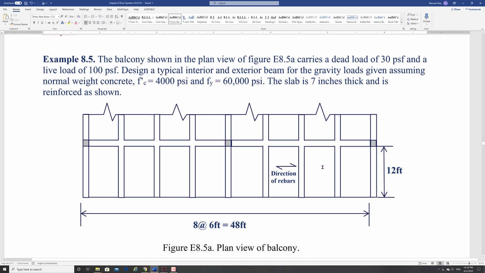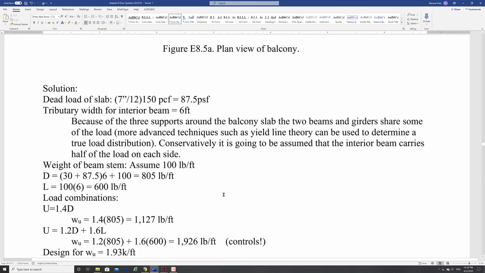But for our purposes, we have 12 and we have 6, so the ratio is 2, and so we can say one way. So we're not doing a two-way distribution. So this is a conservative approach. Everything goes to these beams. Some will go, really, not everything, but we do that conservative design.